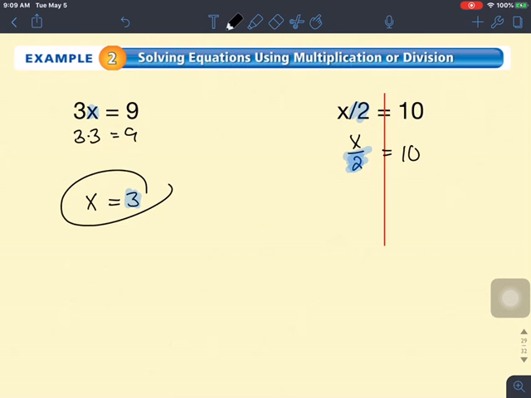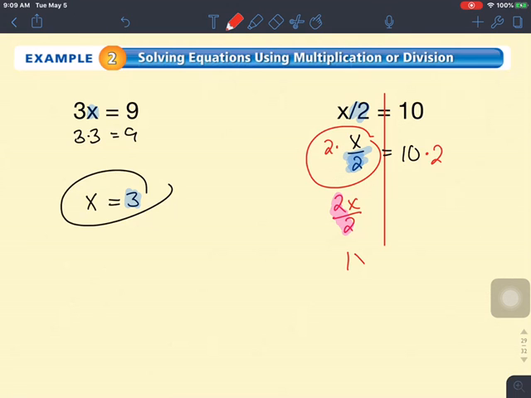What is the opposite, or the inverse, of dividing by 2? It's multiplying by 2. So we're going to multiply this times 2, and we're going to multiply the 10 times 2. Like on the left, this gives us 2x divided by 2, and hopefully you can see that 2 divided by itself, and any number divided by itself, is 1.